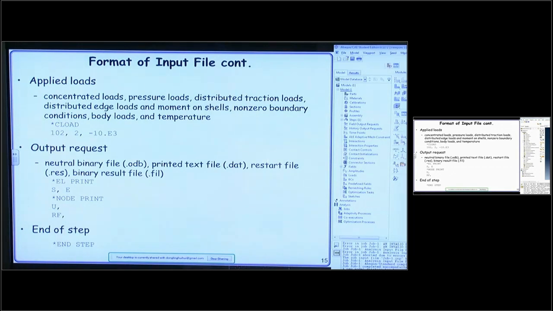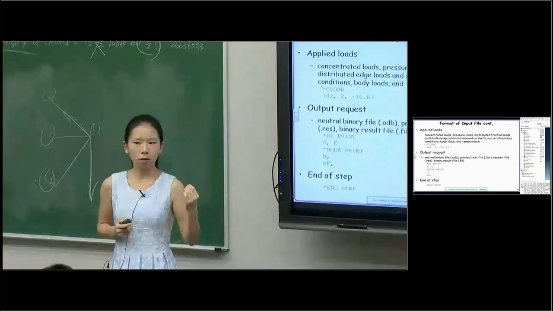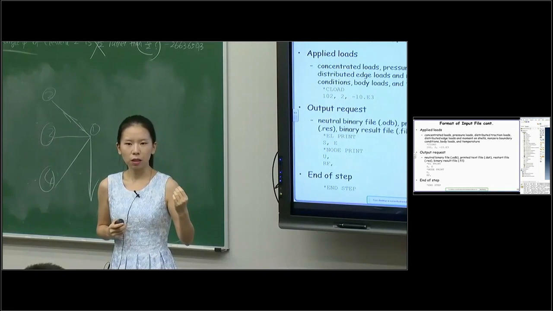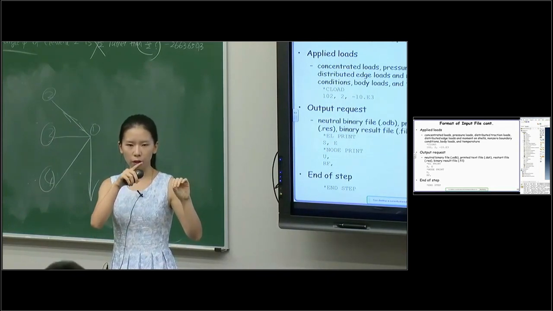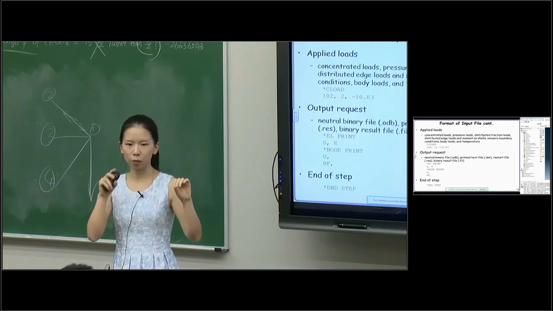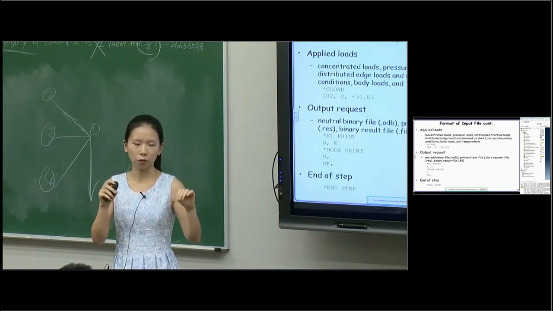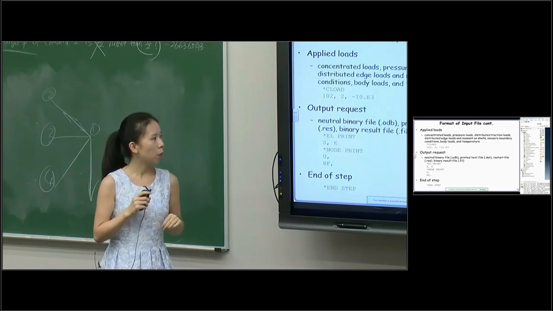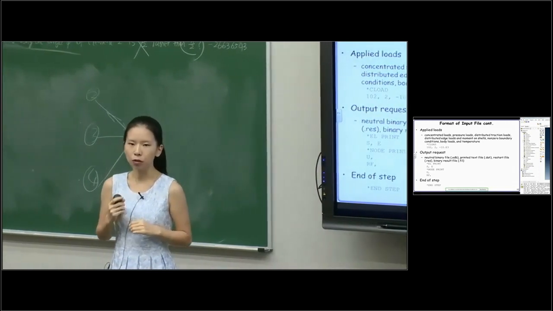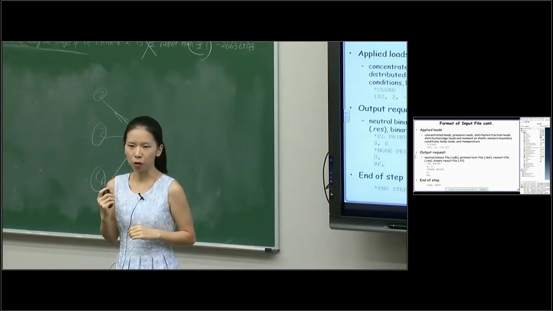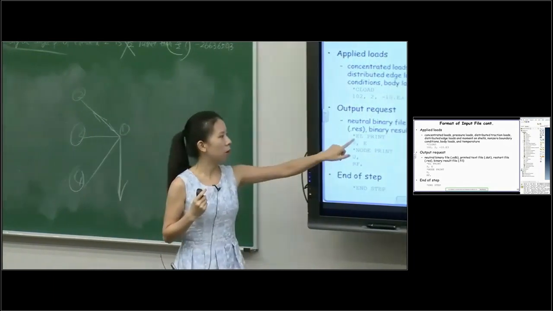If you print out at the node, what will happen? You see last time in the contour plot, the stress is averaged at node, the average of the elements connecting to that node, and between two nodes is interpolation, gradually changing. So whenever you want to know the stress, strain result, always use integration point, element print.